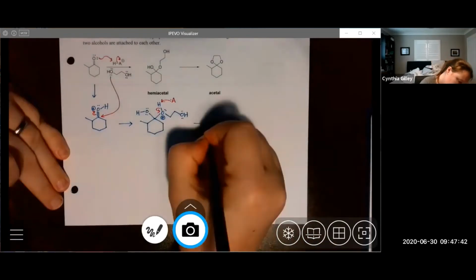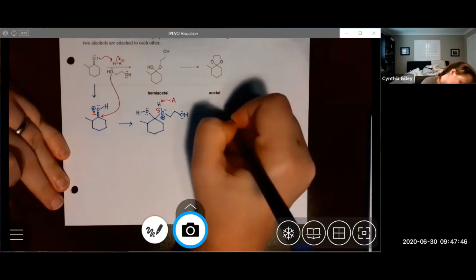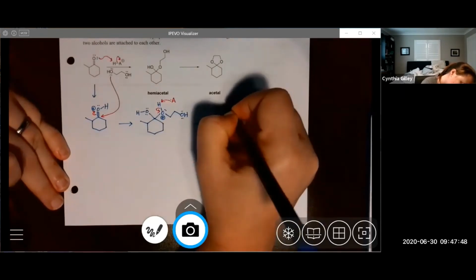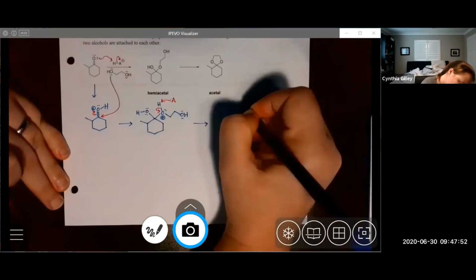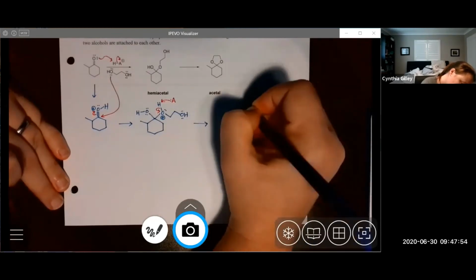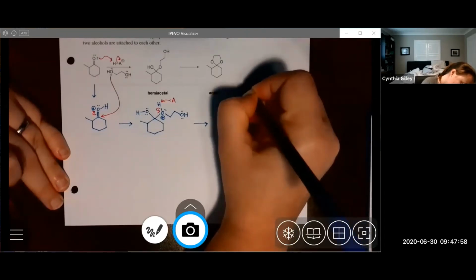So we will deprotonate. Get to a neutral species here, which also happens to be the hemiacetal intermediate.